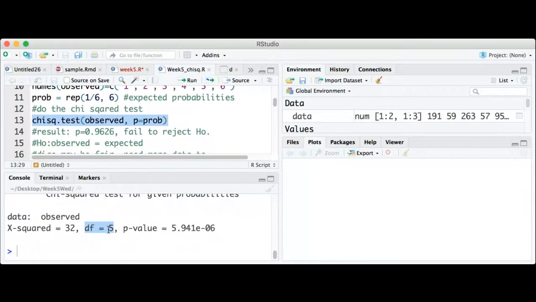It's calculated degrees of freedom of 5, which is 1 less than the 6 observations, so that makes sense. And it's given me a p-value of, wow, that's small. I didn't expect that. I thought it would be bigger than 0.05. But anyway, so be it. It doesn't think that my dice is fair.